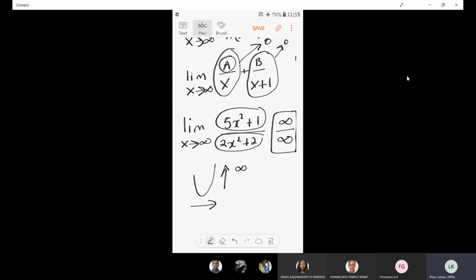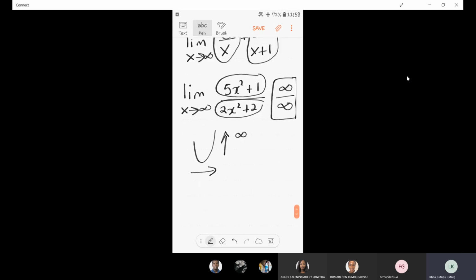Now when you have something like this and you want to work out what its value is, it doesn't mean the value is 0 or it's 1 or it's infinity. It may be, but it doesn't automatically mean that is the answer just because I'm getting infinity over infinity, or it's of that form.